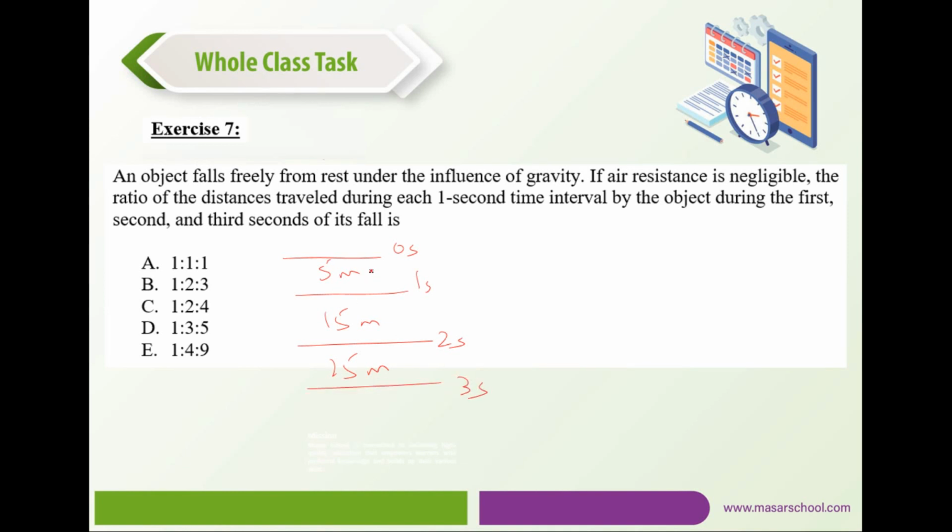So in the first 1 second time interval, that is given by 5, and in the second one is given by 15, and in the third one is given by 25. And now we can divide by 5 and by 5, that would be 1 over 3 over 5, which is expressed as 135, and the correct answer would be D.